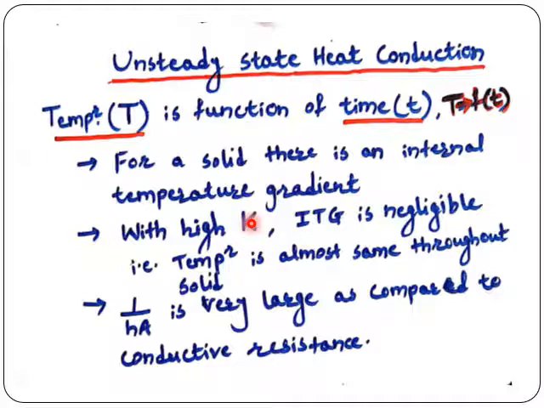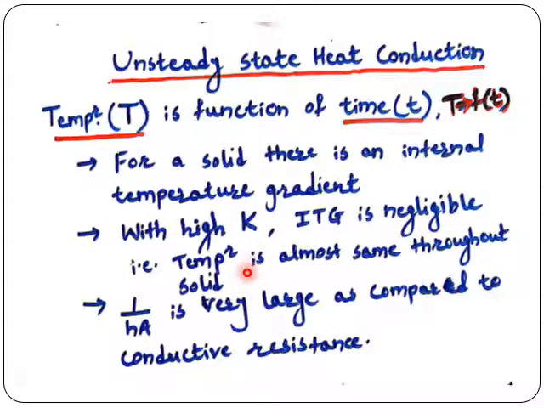K cannot be infinity, but if you have a very high value of K, like the case of copper, where conductivity is around 400 watt per meter Kelvin, and the width of the solid is very small, then the internal temperature gradient can be neglected. So you can assume that the temperature throughout the copper solid is almost the same.